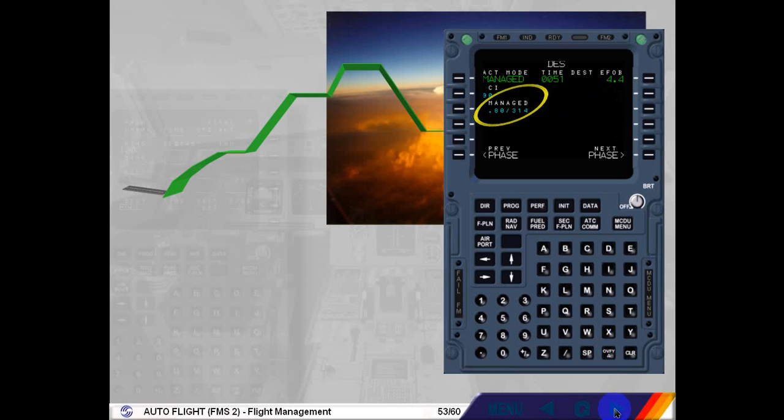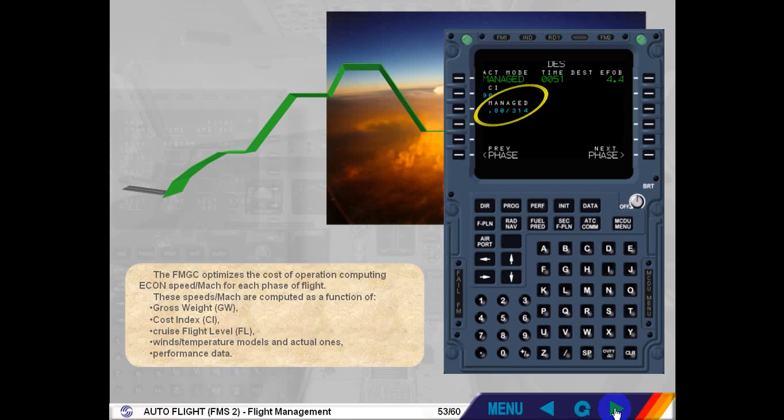These speeds, Mach, are computed as a function of gross weight, GW, cost index, CI, cruise flight level, FL, winds, temperature models and actual ones, performance data.